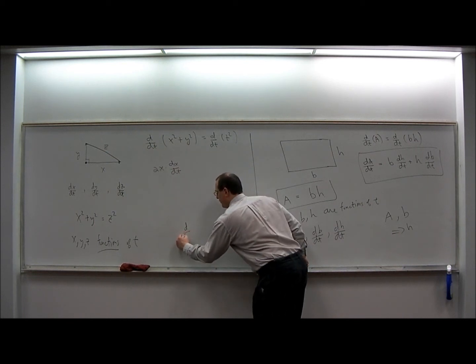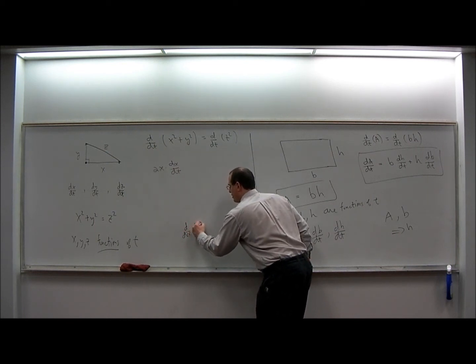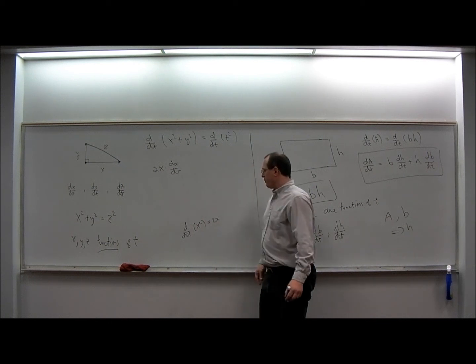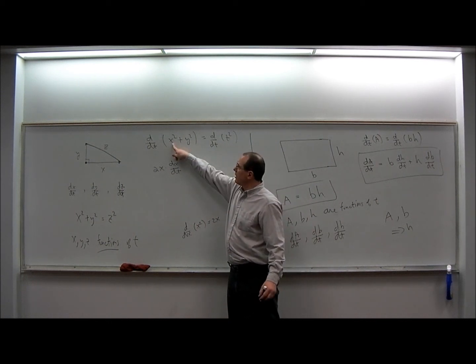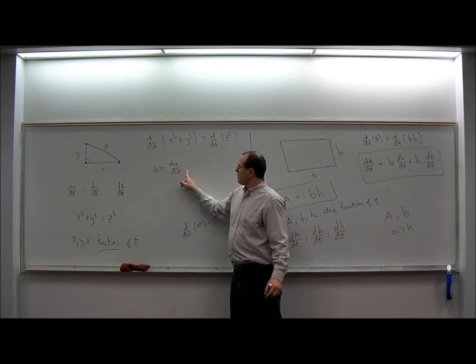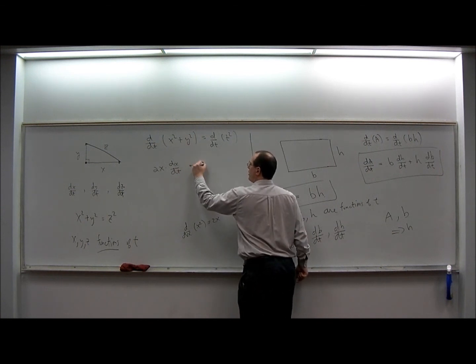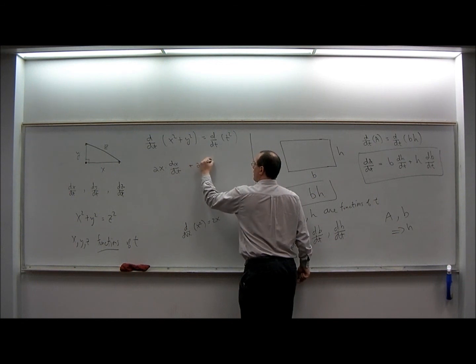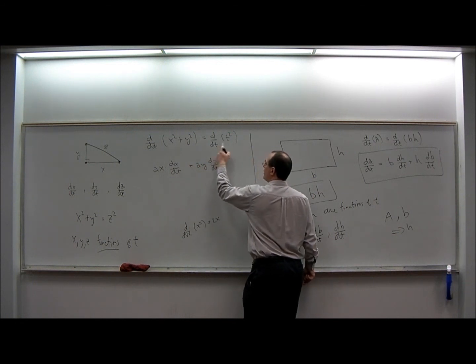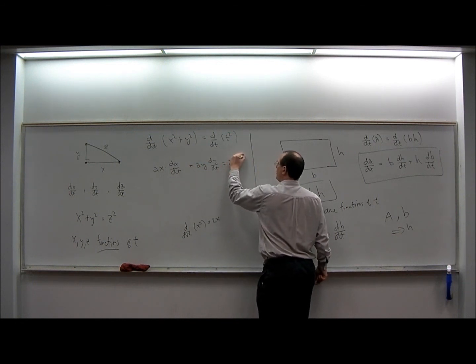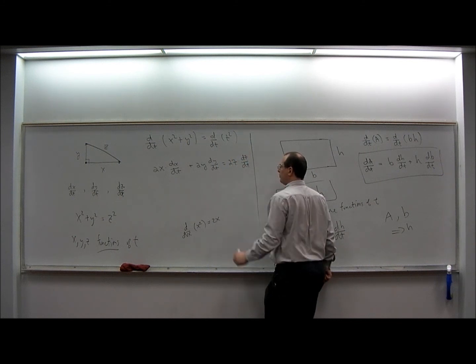Normally, we say the derivative with respect to x of x squared is 2x. But in our application, x is a function of time, so it's 2x times dx/dt. And similarly, the derivative of y squared will be 2y times dy/dt. And on the other side, that will be 2z times dz/dt.